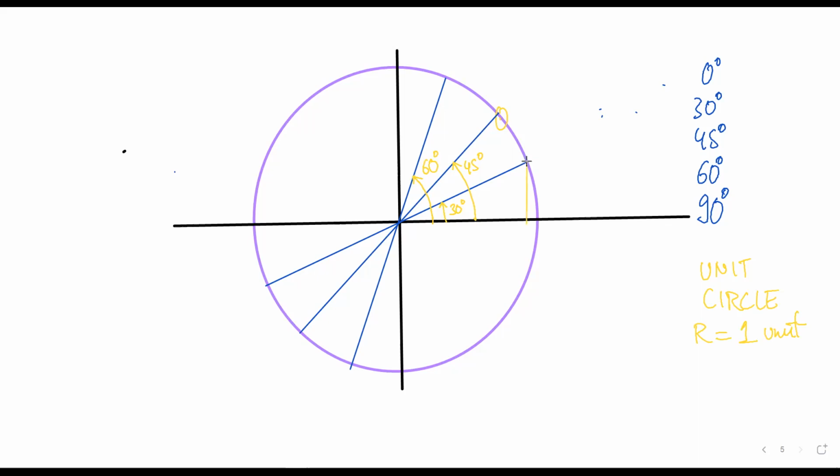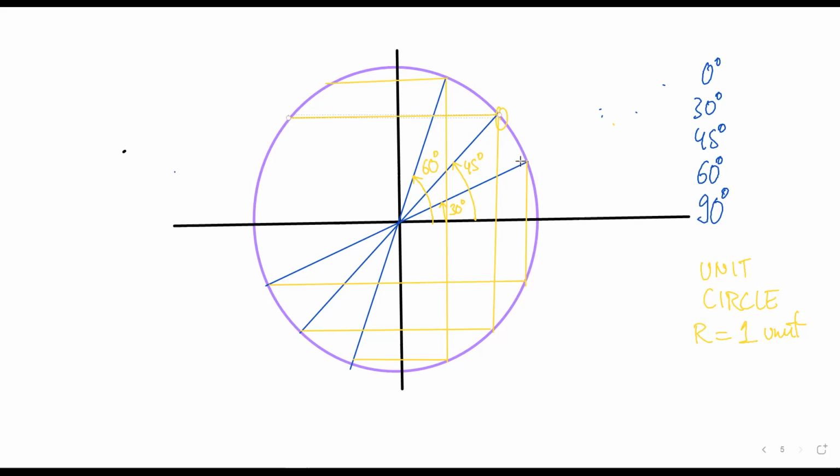Now, I'll require a few more lines. So let me draw those lines. This is what we had done last time also, but the values that we had put in the last lecture were some crazy numbers.